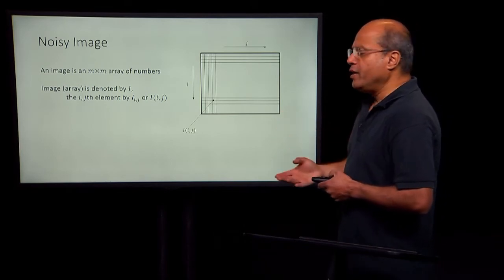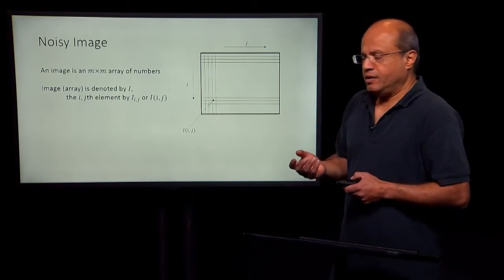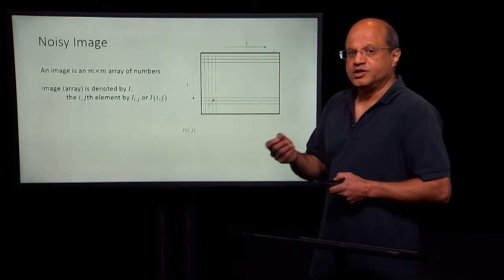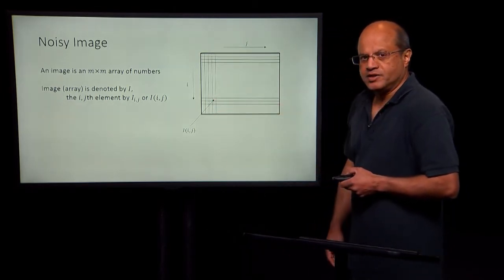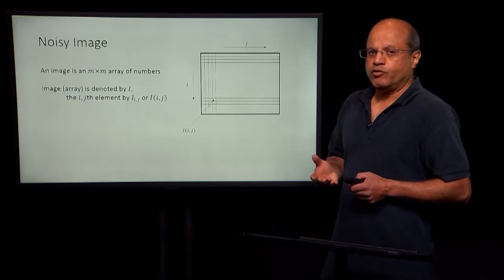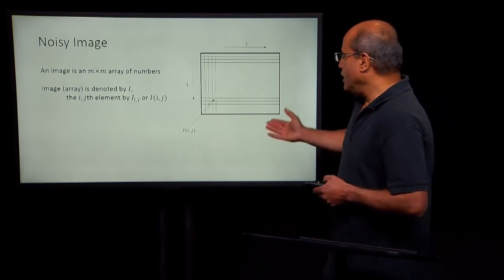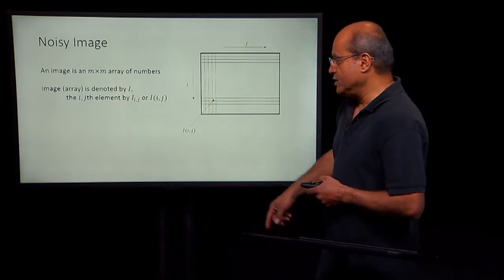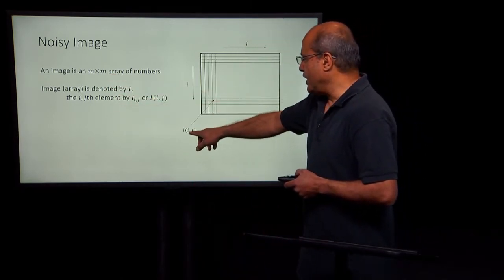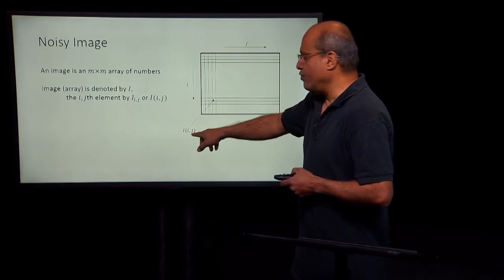For an image, I_ij, that one element, is just a single number. This element, by the way, is called a pixel. Pixel is short for picture element. So we say that this image has m by m pixels, or m squared pixels, and the ij-th pixel has a value I of ij.